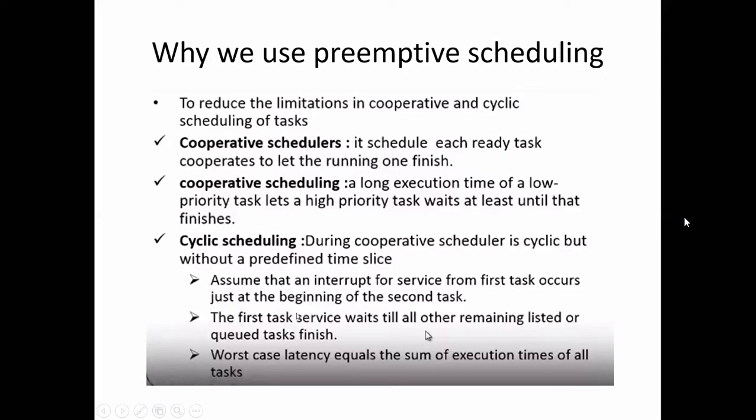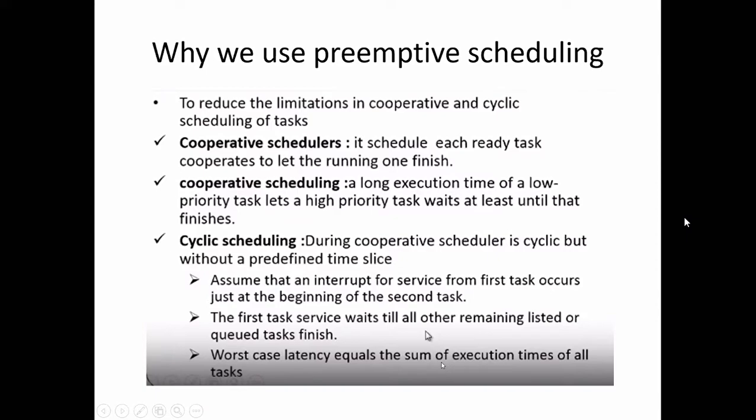But here there is no predefined time slice. Assume that an interrupt for service from the first task occurs just at the beginning of the second task. The first task's service waits till all other remaining listed or queued tasks finish. Worst case latency equals the sum of execution times of all tasks.